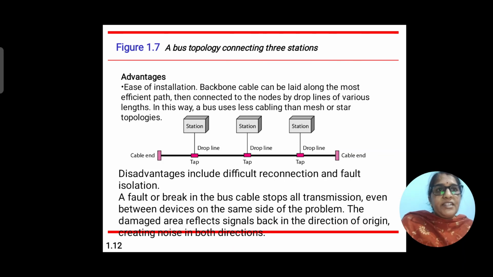The disadvantages of bus topology are difficult reconnection and fault isolation. A fault or break in the bus cable stops all transmission, even between devices on the same side of the problem. The damaged area reflects signal back in the direction of origin, creating noise in both directions.